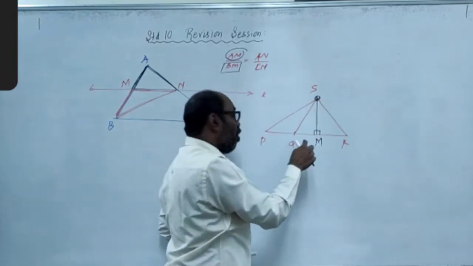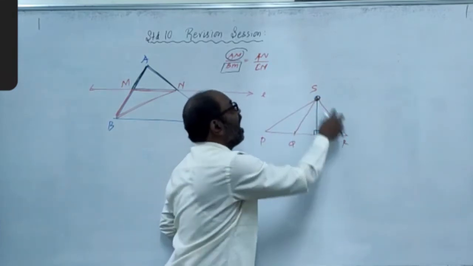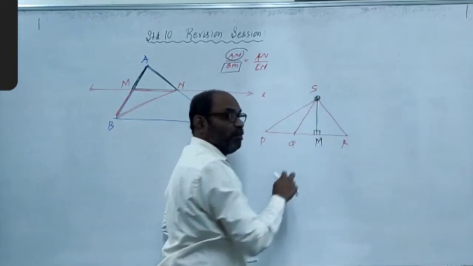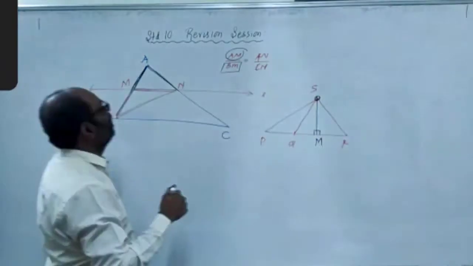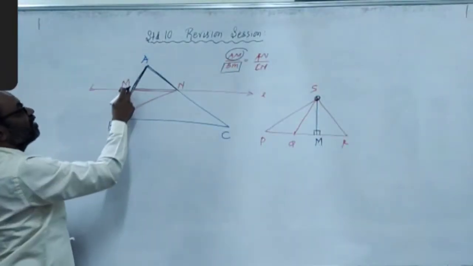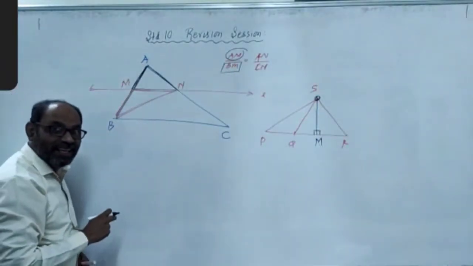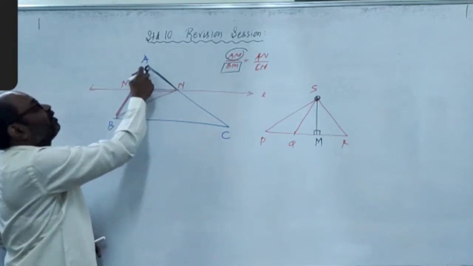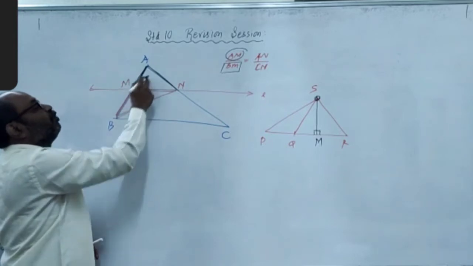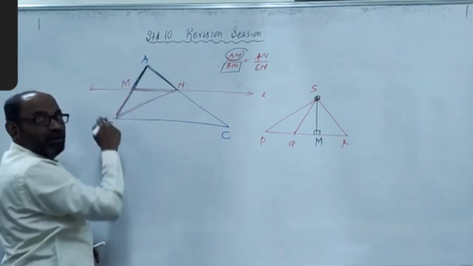And SM is also the altitude of triangle PRS corresponding to the base PR. So a similar situation is here: A, M, B, and the vertex M is the common vertex of three triangles. The two you can see very clearly.